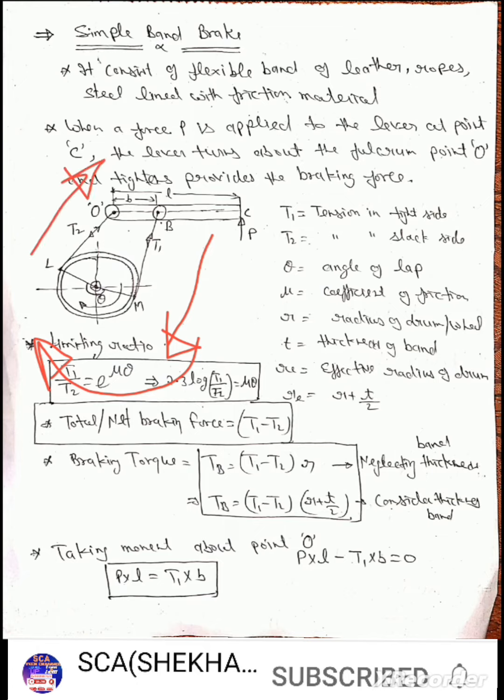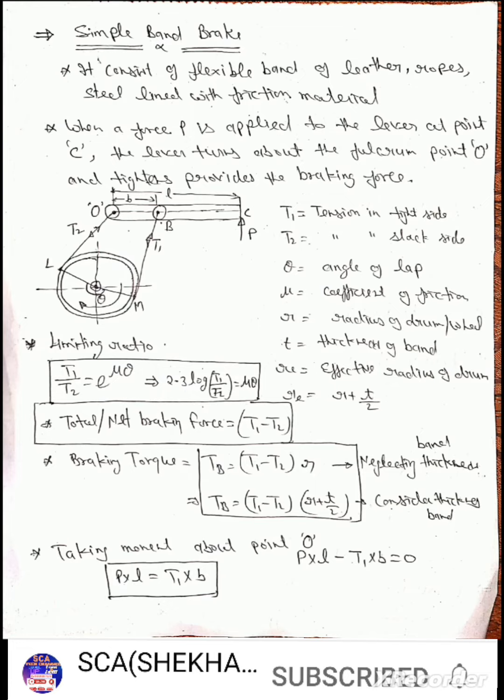The side from which the band enters is called the tension side or tight side. So this side is known as the tight side, and at this side the tension T1 acts, the tension in the tight side. When the band leaves here, T2 is the tension in the slack side.